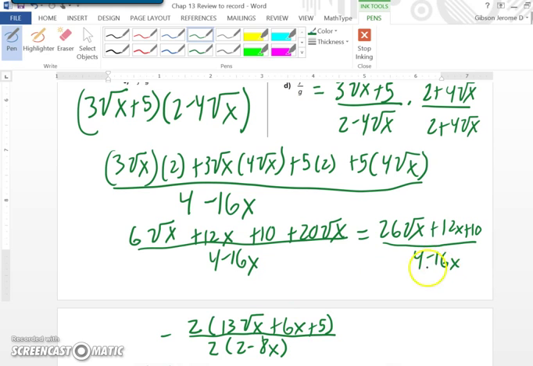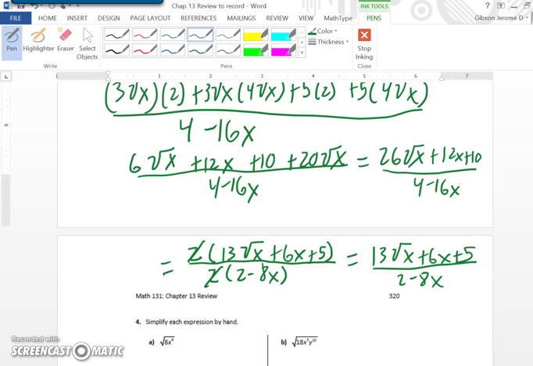Now listen, in our denominator, I know we could factor out a 4. However, since we were only able to factor out a 2 here, if we factor out this 2 here, this would simplify out, because then we wouldn't have to multiply at the end. So these 2's will simplify out, and we get 13 times the square root of x plus 6x plus 5 all over 2 minus 8x. And that is the final answer.